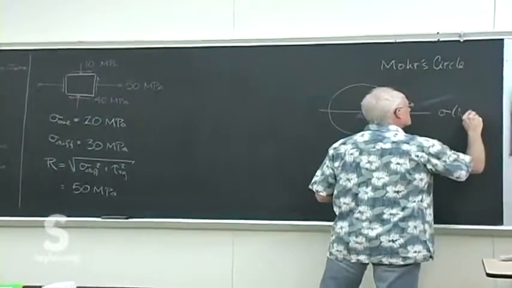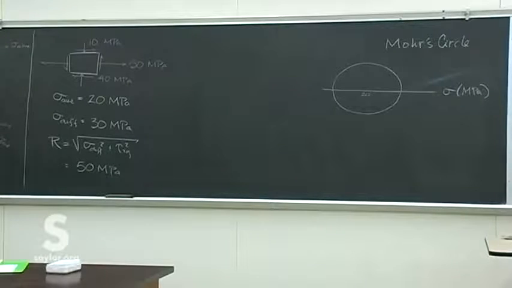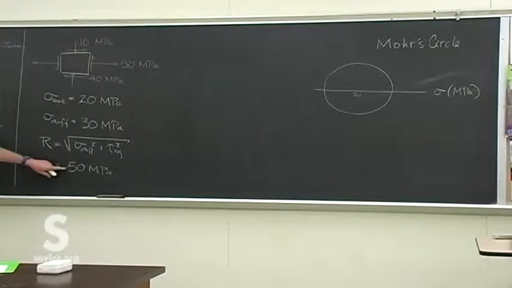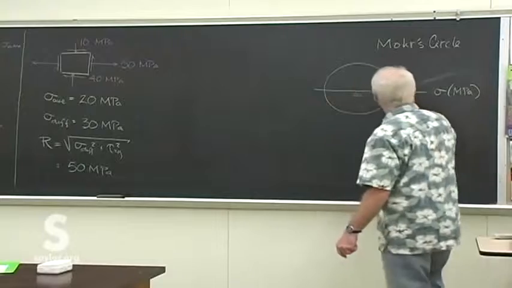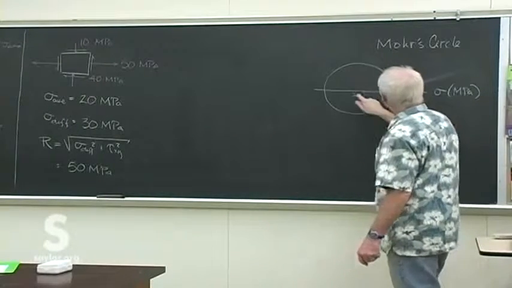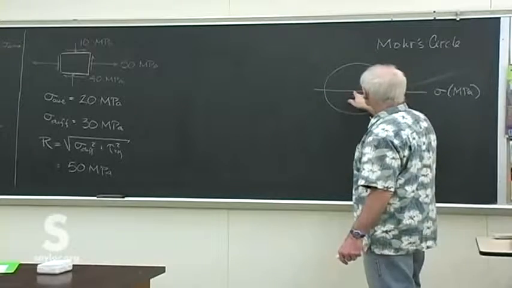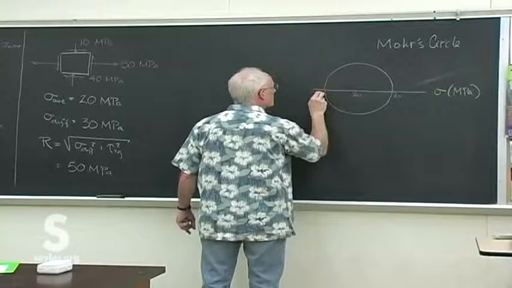So both axes in megapascals. Center at 20. We know the radius is 50, so that makes this far right point then 20 plus 50 is 70. And the far left point, 20 minus 50 is minus 30.